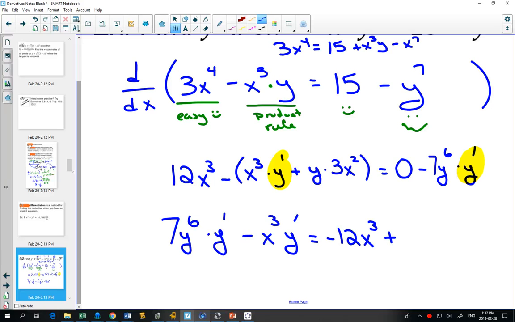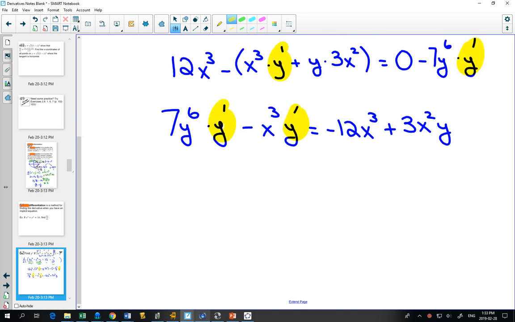So I'm going to add that negative to the other side, so it's going to be plus 3x squared y. And I have two terms still with the y prime in it. If I want to get the y prime by itself, I could factor that pretty yellow number out.